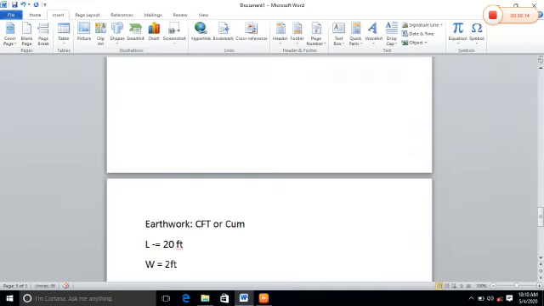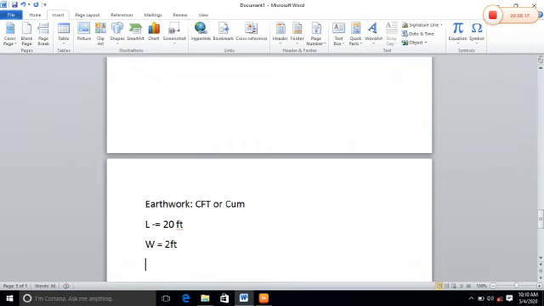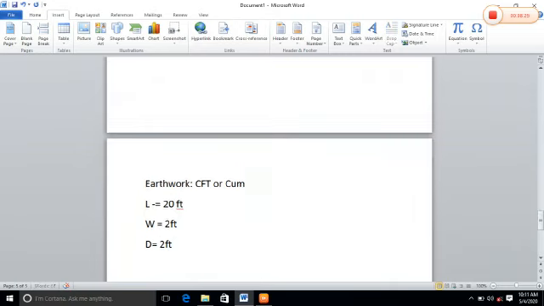For example, this is a foundation, and depth is 2 feet. We need the quantity. For this we will multiply length into width into depth, which will give the quantity.